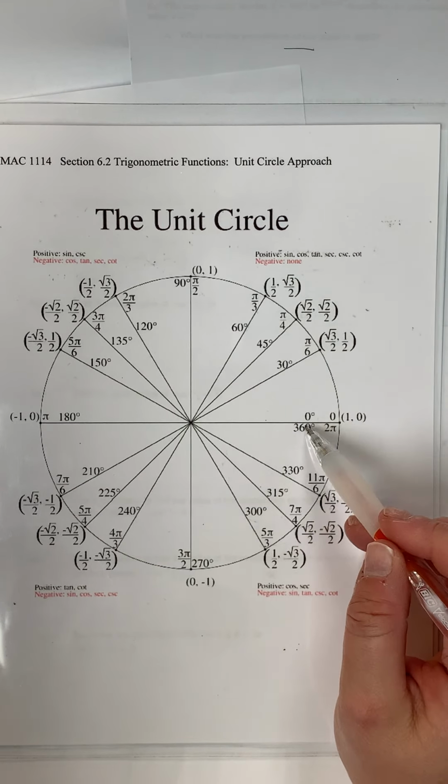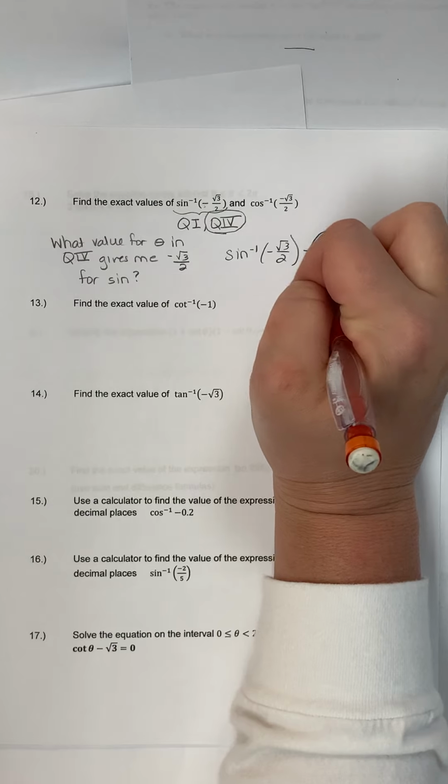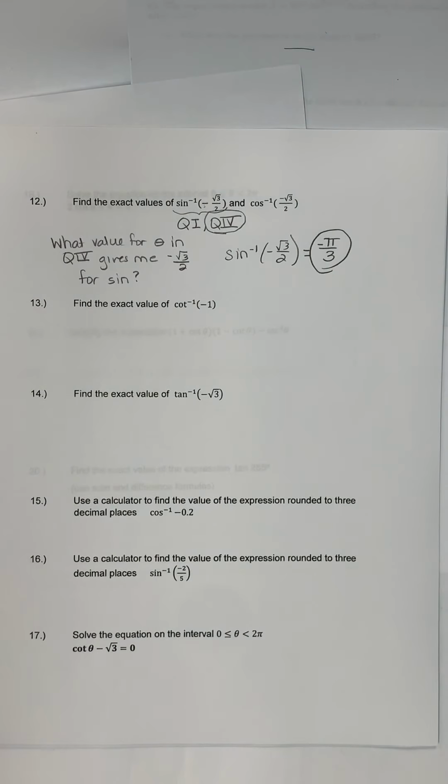Okay, so here we go. So the answer to sine, the inverse of sine of negative root of 3 over 2 is negative pi over 3. That's what I'm looking at. Okay, that's my answer.